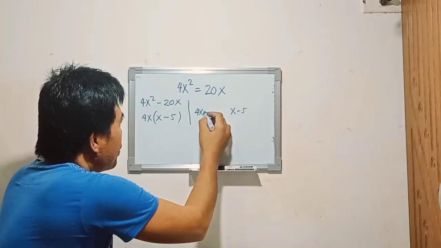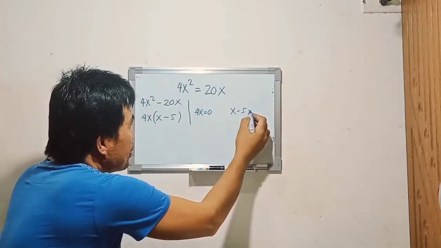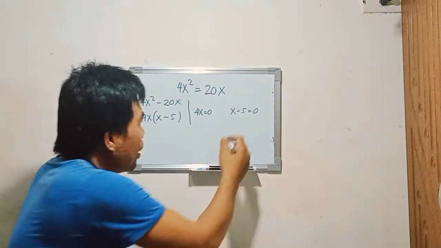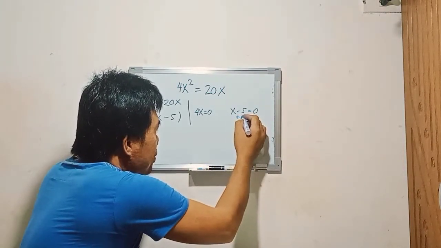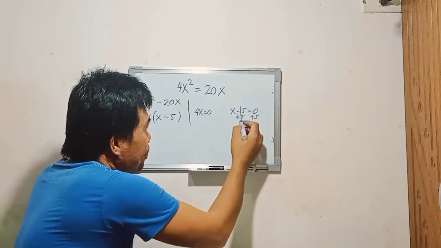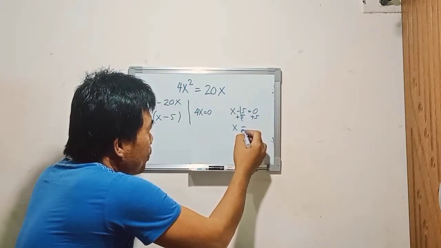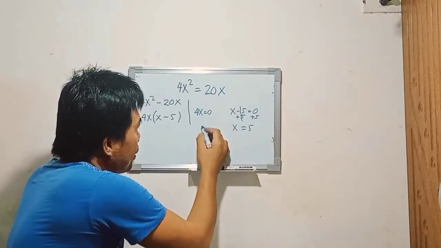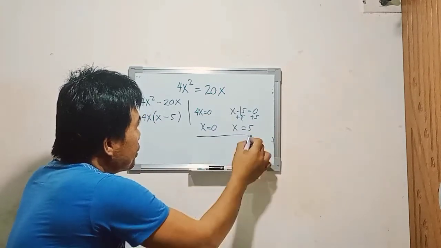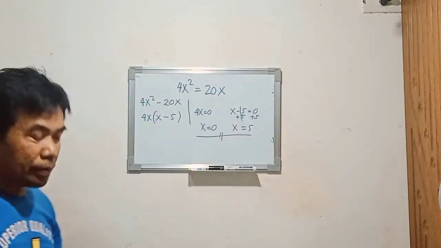We do the zero property. For this expression, we apply positive 5 to both sides. Okay, cancelled out. So x is equal to 5 and x here is equal to 0. So this is our answer.